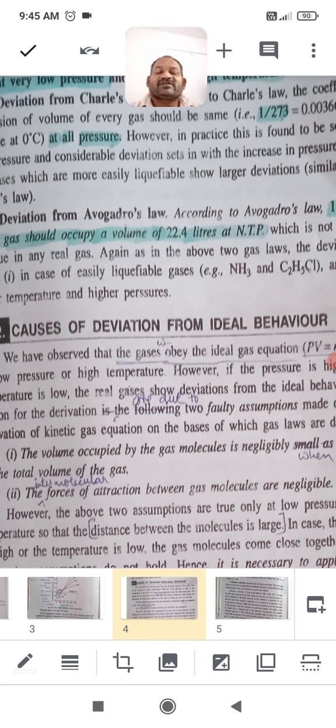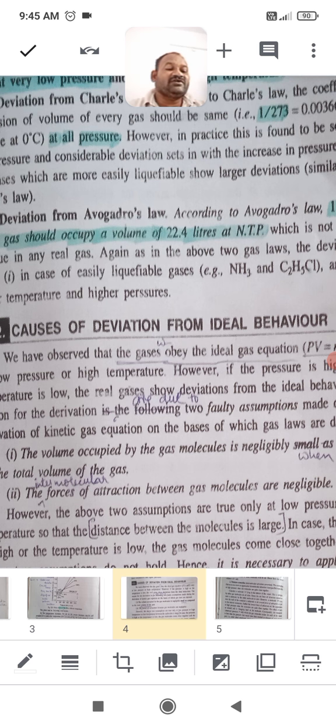Next one is causes of deviation from ideal behavior. We have observed that gases obey the ideal gas equation PV = nRT only at low pressure or high temperature. However, if the pressure is high or the temperature is low, real gases show deviation from ideal behavior.